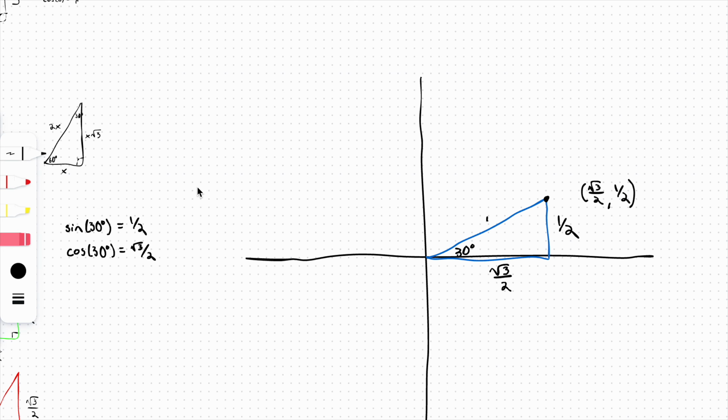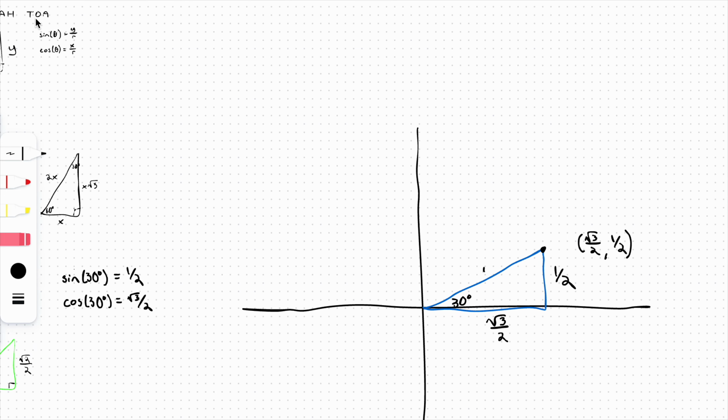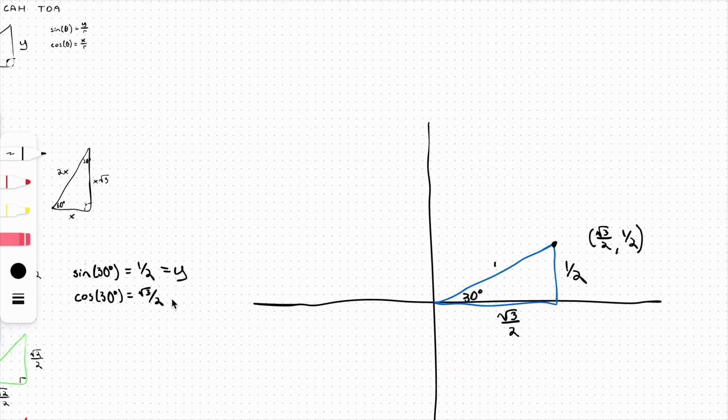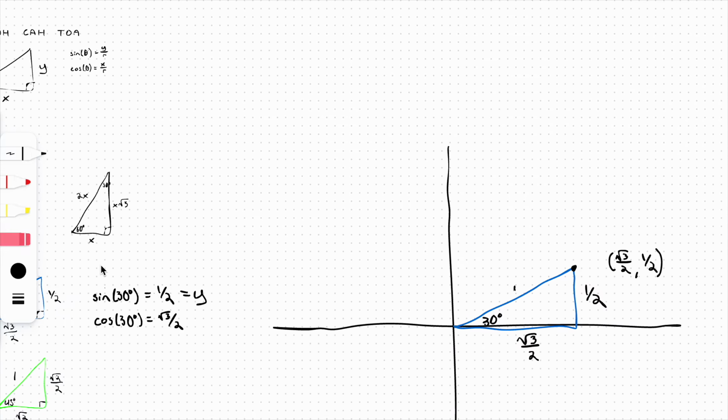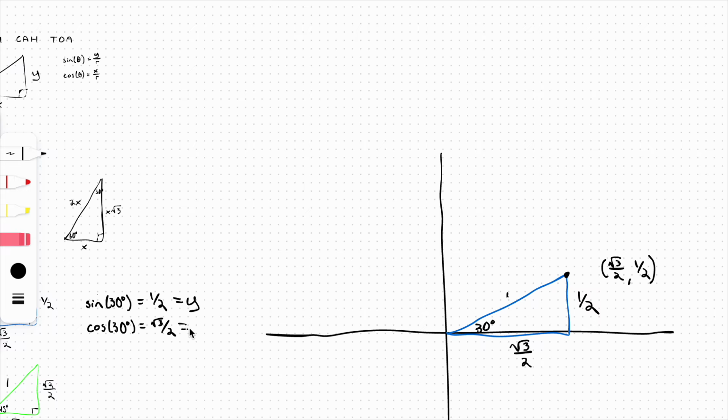So when we say sine of 30 is 1/2. In this case, I don't know if you can see it's super small, but sine of theta is y over r. If r is always equal to 1, then sine is always going to be equal to y. It's our y coordinate here. Cosine of theta equals x over r. If r, which is our hypotenuse, is always equal to 1, then cosine is going to be equal to x.